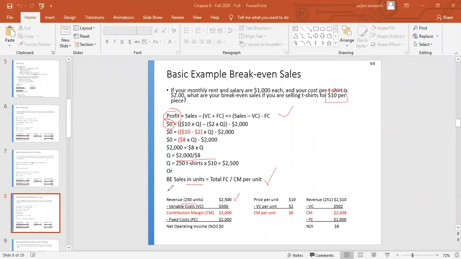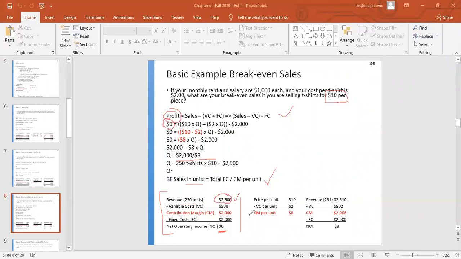Now, if you're using the CM format here, you just plug in 0 for profit. And as Guy said earlier, what's the fixed cost? It's the difference between contribution margin and net operating income. Again, you don't need to memorize this way. You know the format, and you say, okay, I don't know what my sales are.